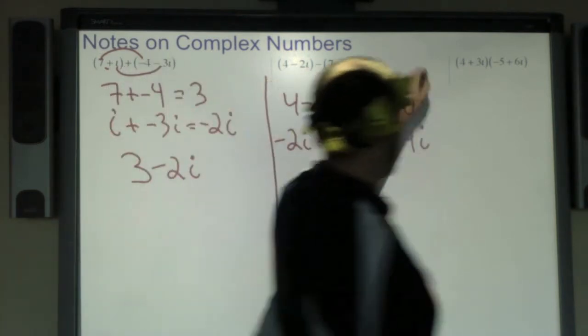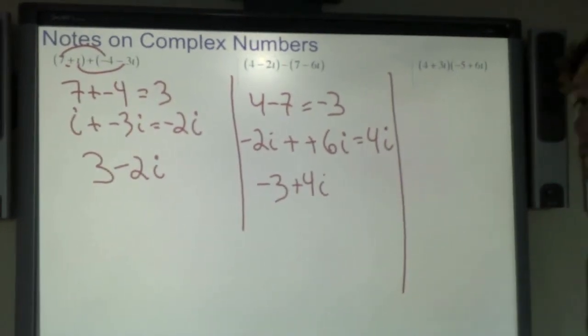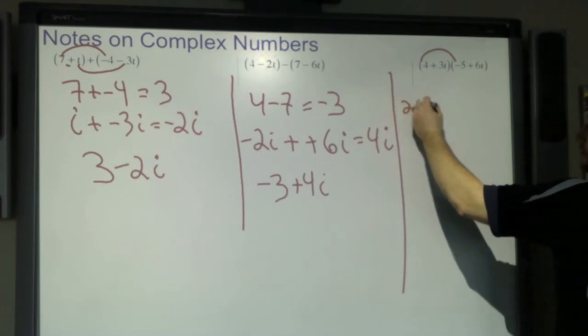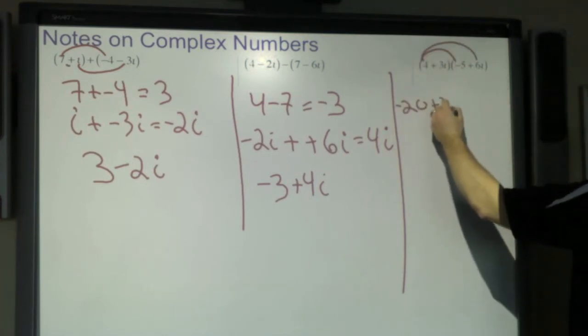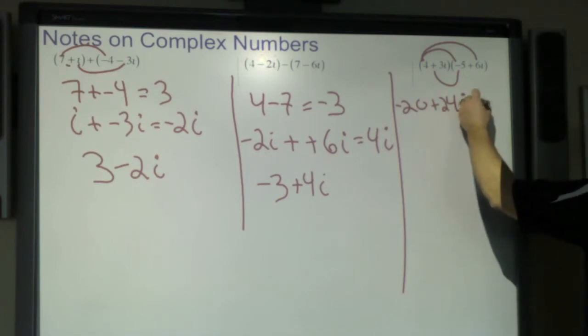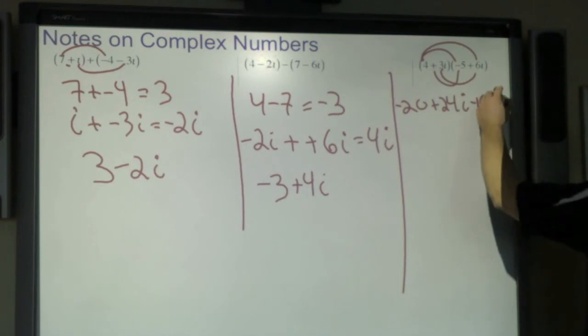And the final one is multiplying, and that is when I FOIL. So I do 4 times negative 5, negative 20. 4 times 6i, plus 24i. 3 times negative 5i is negative 15i. And 3 times 6 is 18i squared.